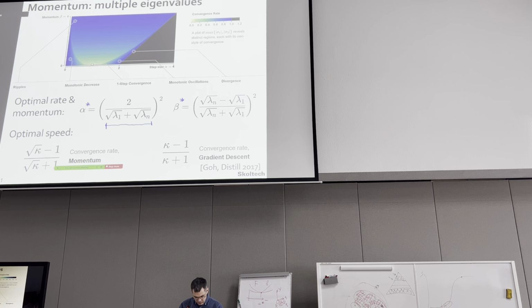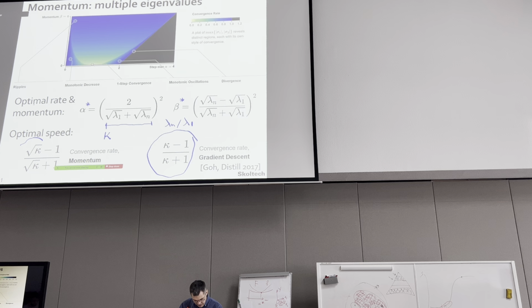It was like this before, where kappa is the condition number, and now we take the square root of the condition number, not the ratio of lambda n divided by lambda 1 plus 1.